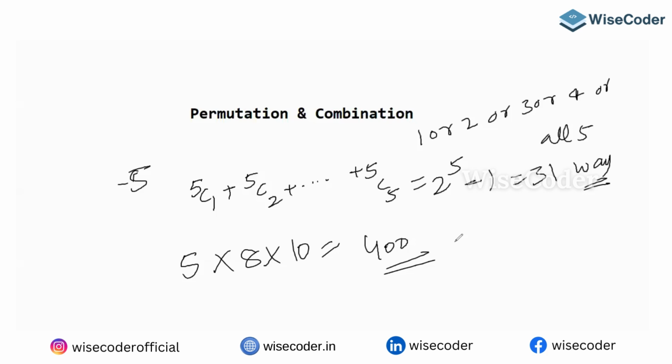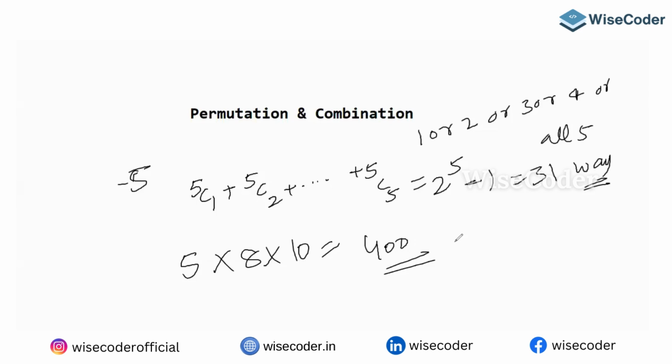Usually the number of objects to be distributed is far more than the number of people or boxes. Example, distribute 8 chocolates among 3 children. And more importantly, each box or person can receive more than one object.